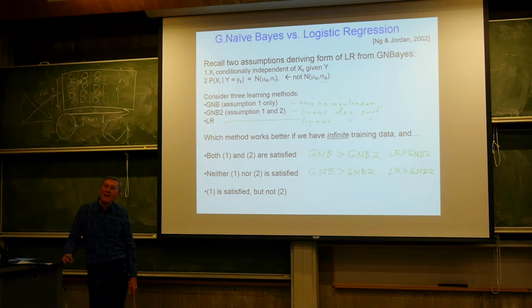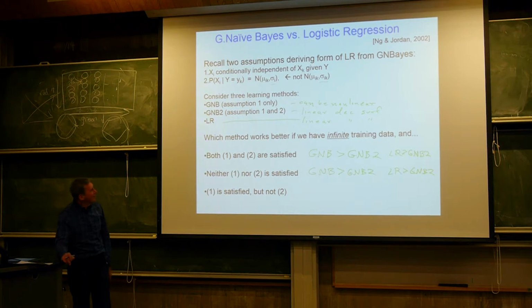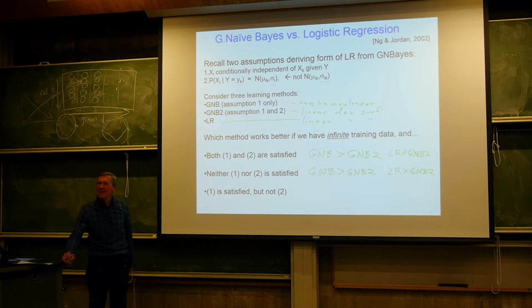Well, the logistic regression would be greater than both of them. It will be the better classifier than GNB1 and GNB2. Yeah, I'm just worried about logistic regression being restricted to a linear decision surface and GNB not. So I think this is probably all we can say.